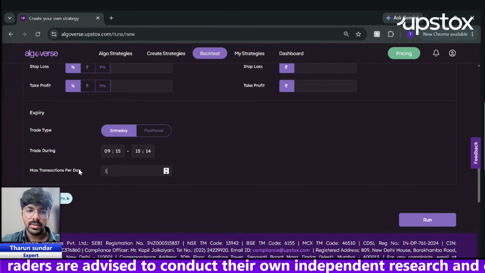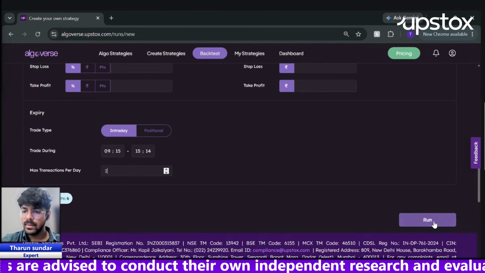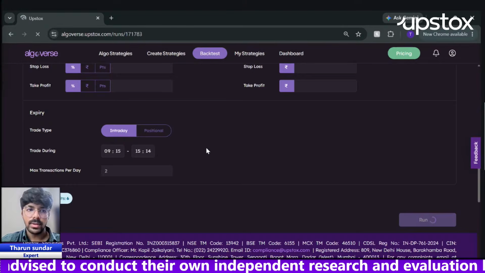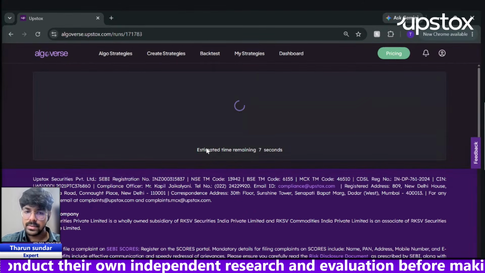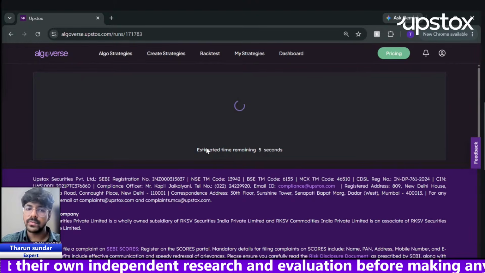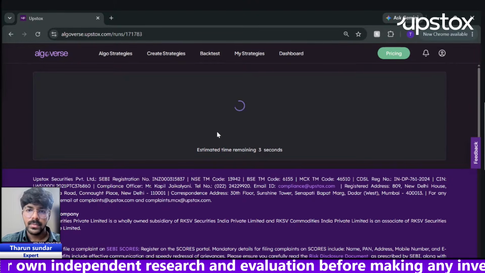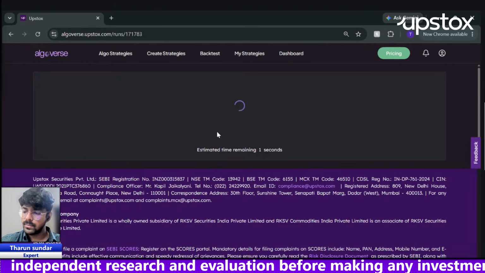And after configuring these values, I'm clicking on run. Now, Algoverse will check all these conditions against the past four to five years of market data and give me a comprehensive report.